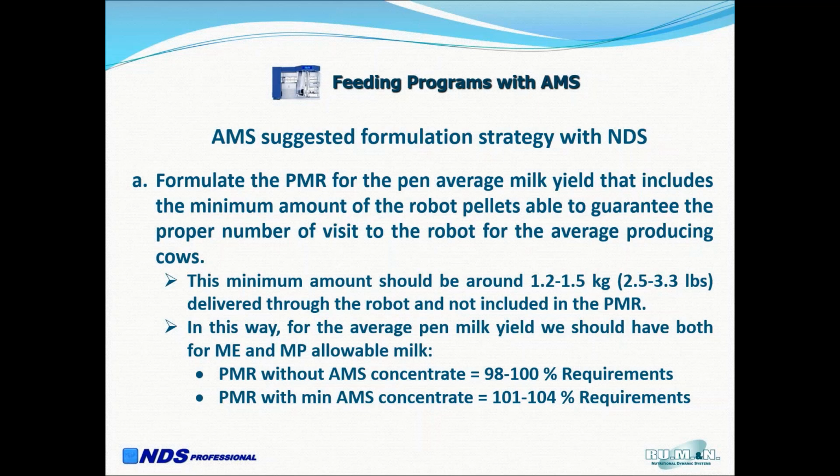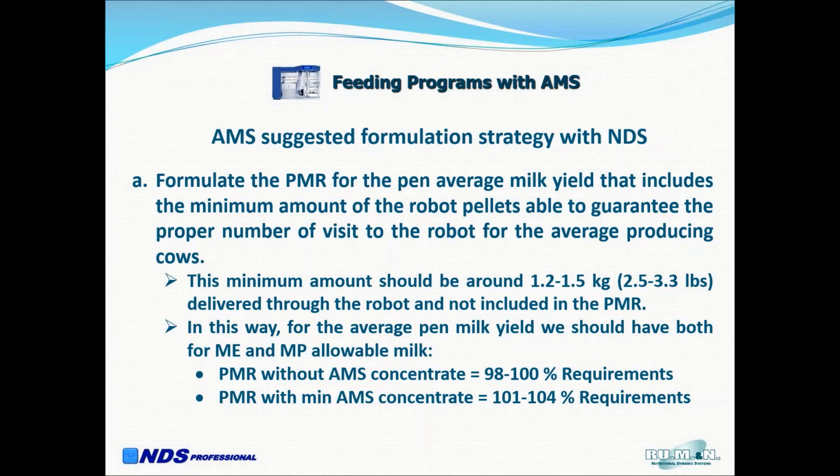We know that there are some cows that shouldn't have any additional concentrate through the robot, but we have to set a minimum in order to guarantee the proper number of visits. This minimum amount should be around 2.5 to 3 pounds per cow per day.